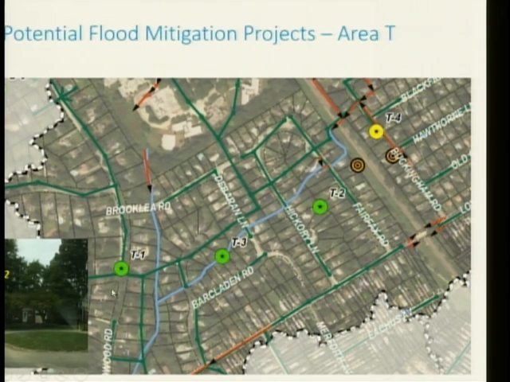I show a picture of T2, which has a number of these circular grassed islands. There's one here and one here and one here. So those could be made functional. What function do they have right now, other than just providing? Who owns that? I believe that's in the township right away.